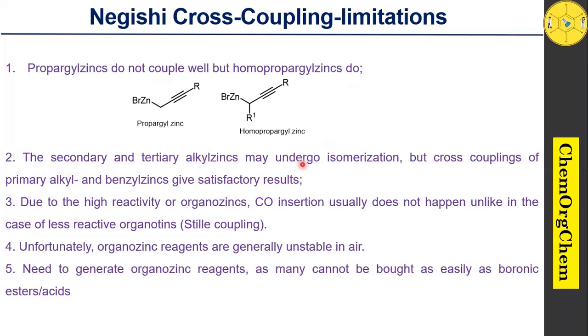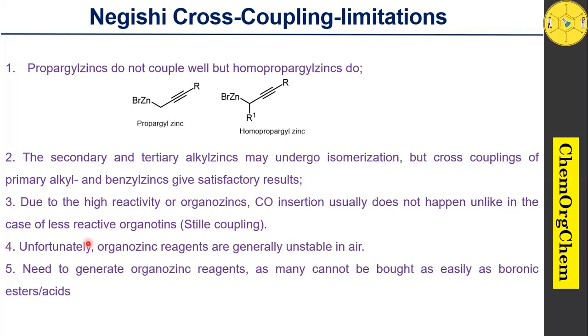Secondary and tertiary alkyl zincs may undergo isomerization, but cross-coupling with primary alkyl and benzyl zincs readily occurs without any issue. Due to the high reactivity of organozincs, CO insertion usually does not take place, unlike with less reactive organotins, which still couple. The next point is that organozinc reagents can be sensitive to open atmosphere and sometimes challenging to prepare. It's a notable consideration.